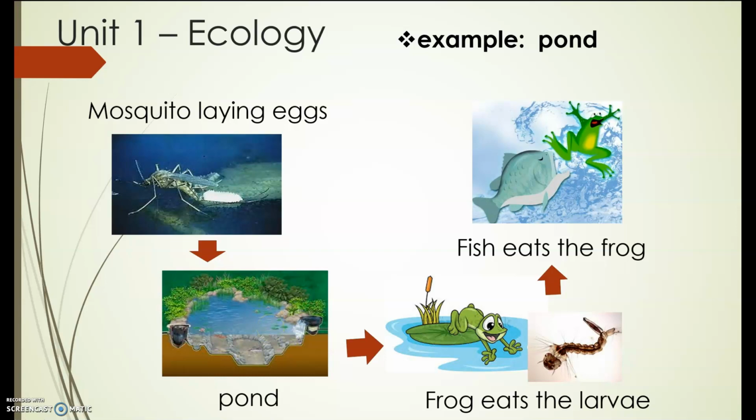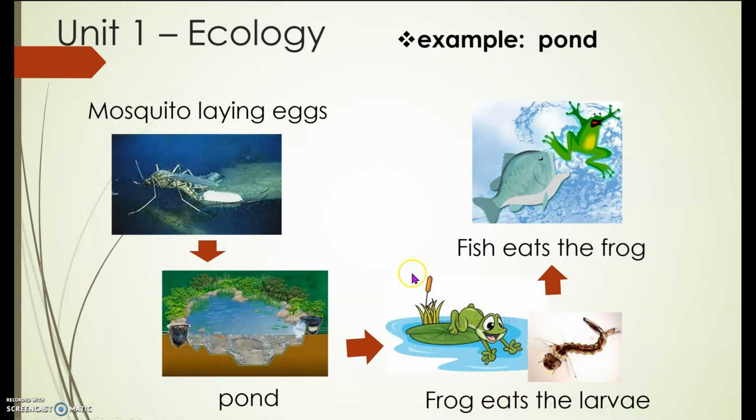Let's see the first picture. Mosquito laying eggs. So this mosquito right here is laying her eggs in the water, or let's say in this pond. Then this frog who also lives in the water may live in this pond and eats the larvae. So second, frog eats the larvae.